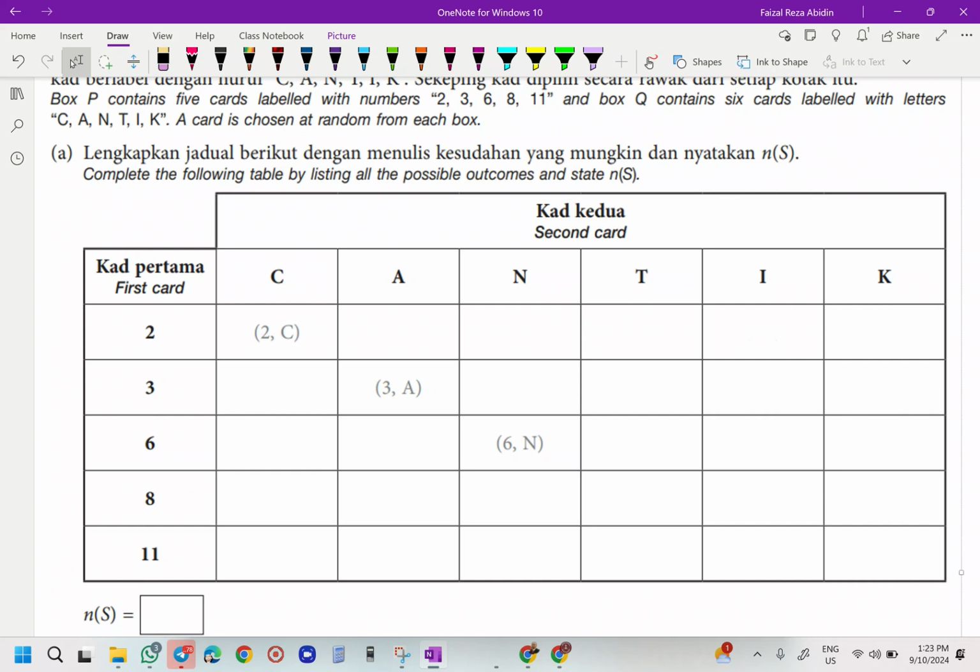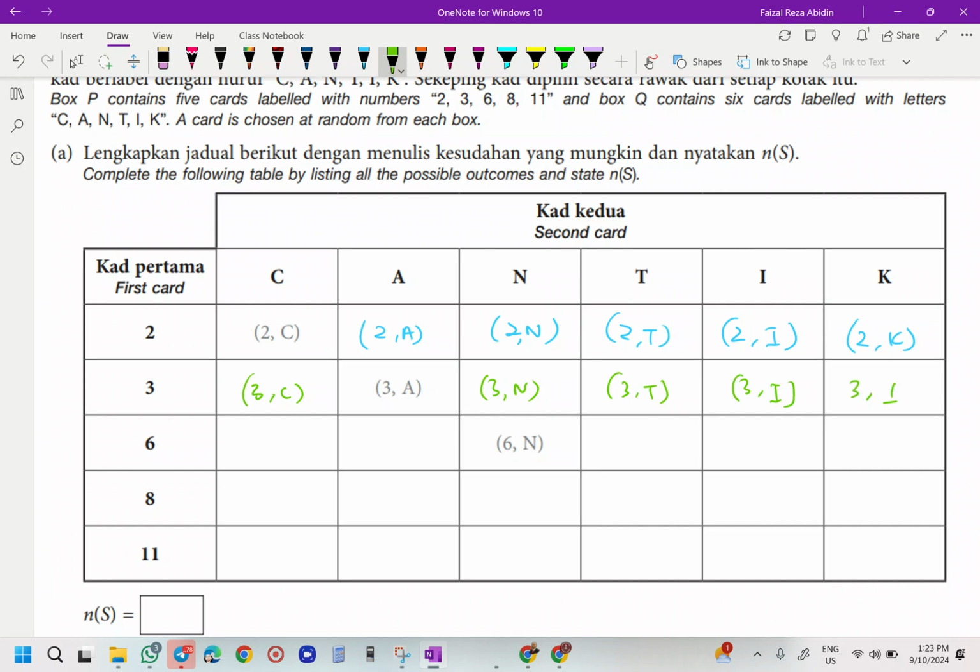So if you look over here, it asks us to complete the following table. Straight away, like what we did previously. You're going to get 2C, 2A, 2N, 2T, 2I, 2K. Then 3C, 3A, 3N, 3T, 3I, 3K. Fill up everything there. 6C, 6A, 6N, 6T, 6I, and 6K.